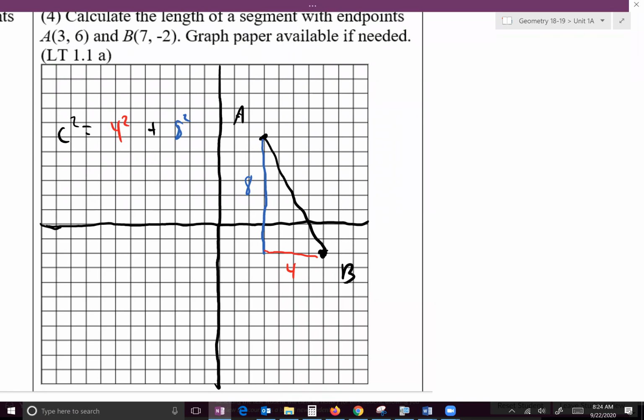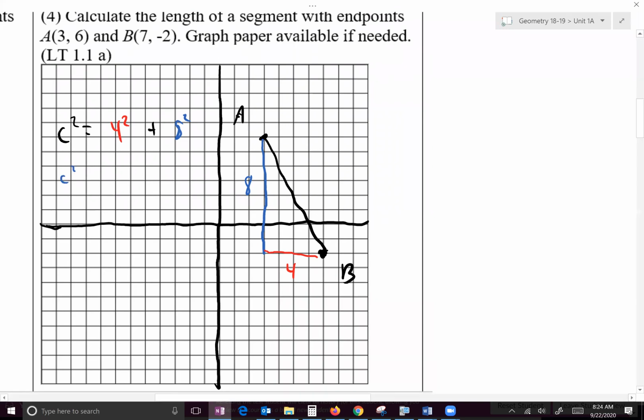So 4 squared is 16. 8 squared is 64. Add those together, that should be 80. So then I square root. So C equals square root of 80.